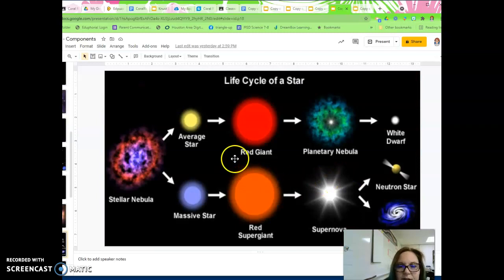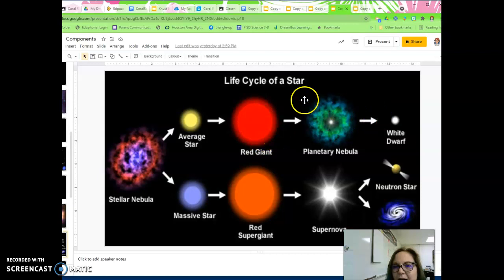This shows the life cycle of a star, which we will talk a lot about as we look at the next day too. So basically it starts as a nebula, and then depending on its mass when it starts fusion, it has two different basic paths that it can go through. If it's an average sized star with average to low mass, at the end of its life cycle, it starts to expand and it will become a red giant.